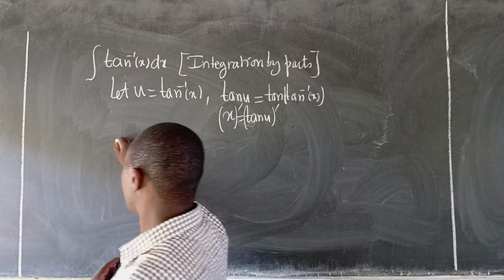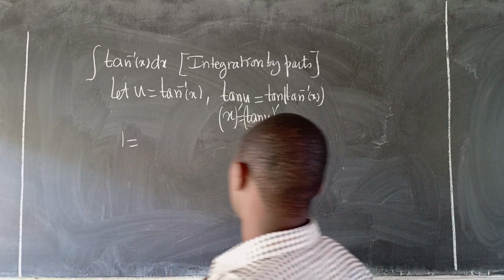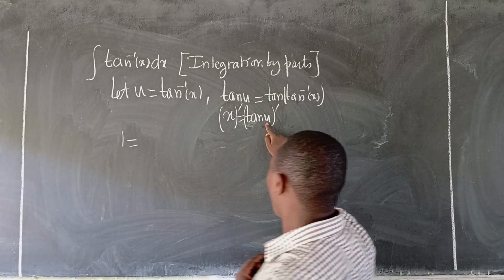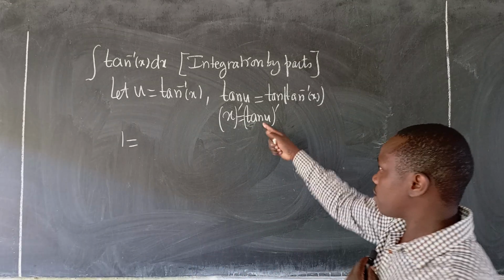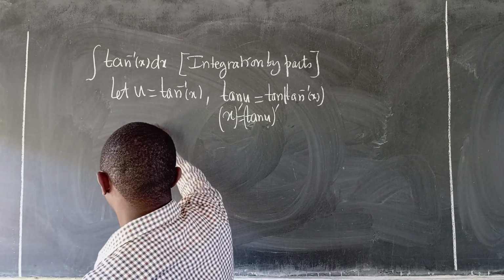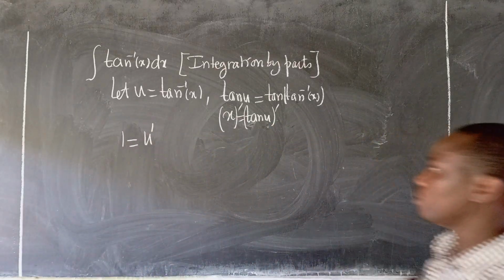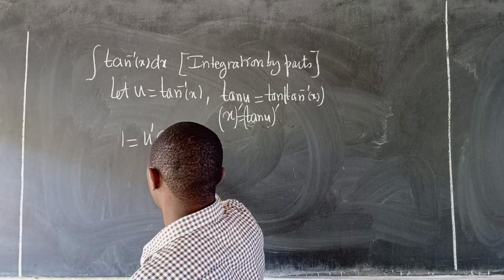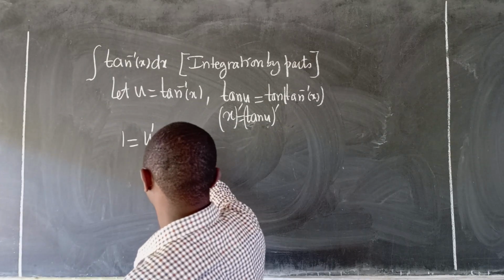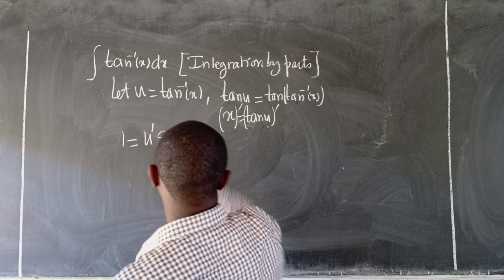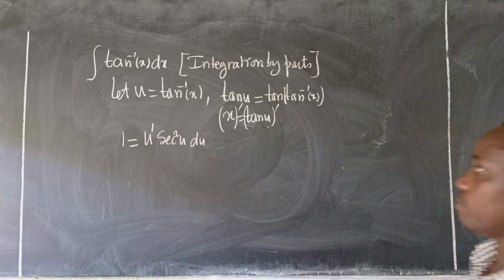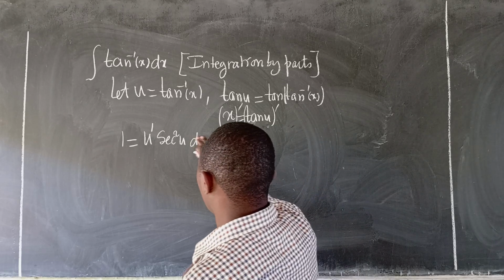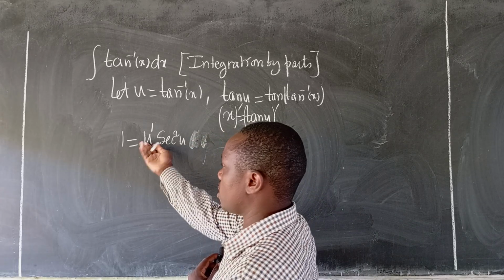The derivative of x is 1, but for tangent we differentiate u, giving du times sec squared u.